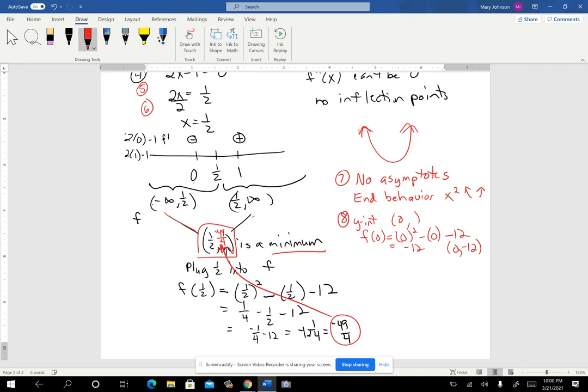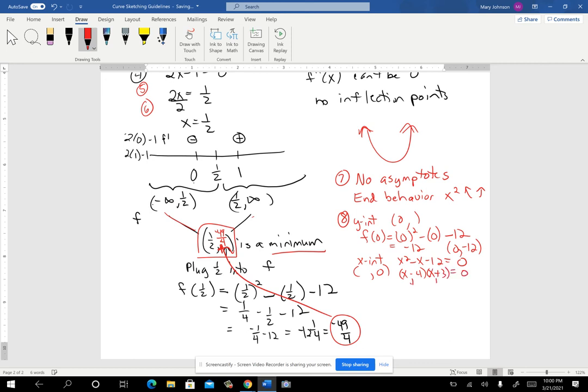Then the x-intercepts are a little harder sometimes. This one won't be bad, but sometimes they can be kind of challenging. You want to find out what causes the function to be 0, because those are the points that have a y coordinate of 0. So you just factor. This one factors into x minus 4, x plus 3.